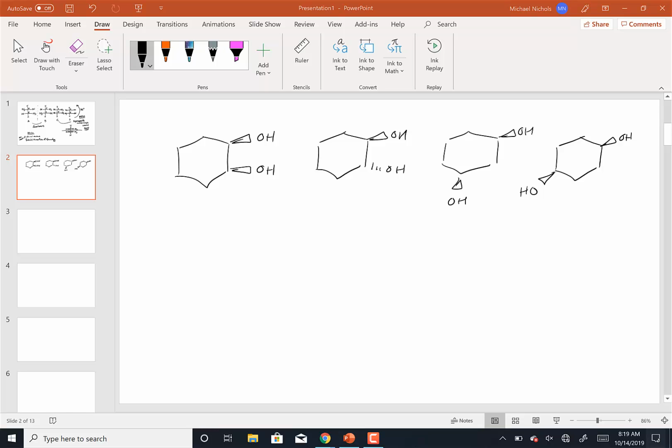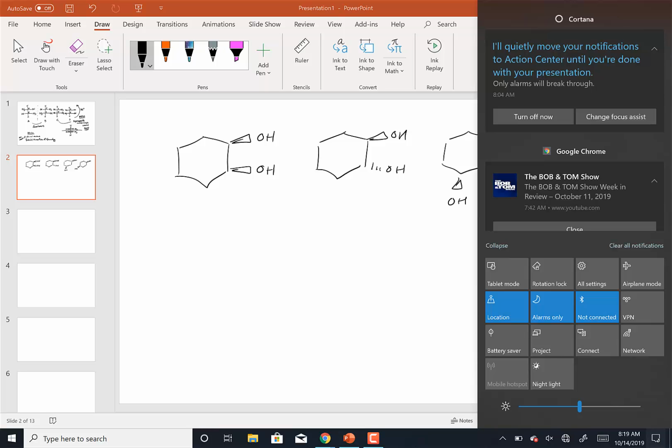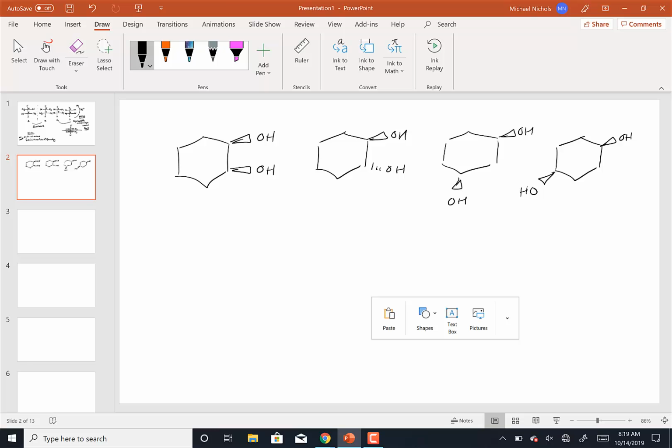Okay, so I'll give you a few minutes to go through those. You can discuss, you can work with other people, you can work by yourself, check your answer. We're going to take them one at a time. Is it meso? Is it not meso? And I'm going to ask you, so you can get your card, at the end of this.